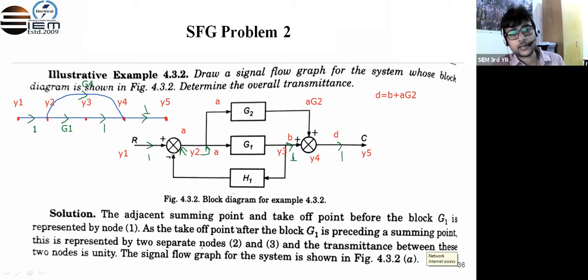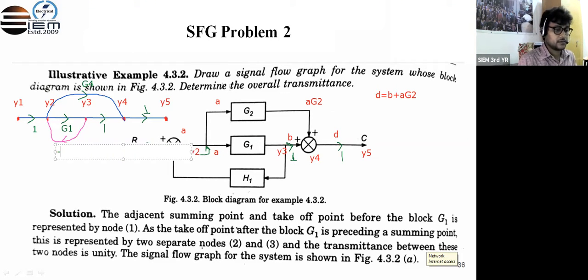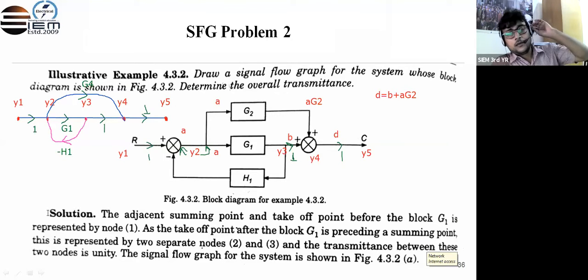So y3 to y2, there is a feedback minus h1. Okay, minus h1.